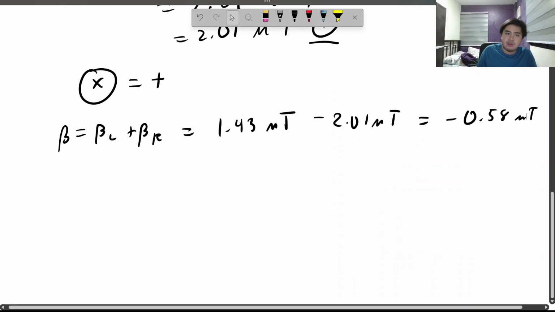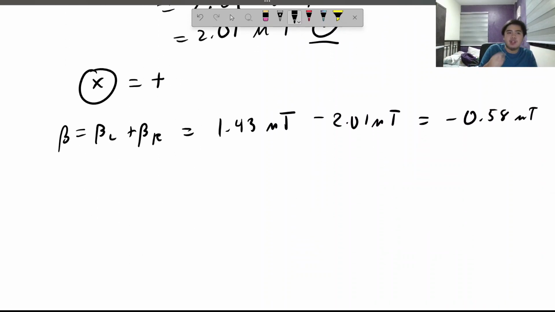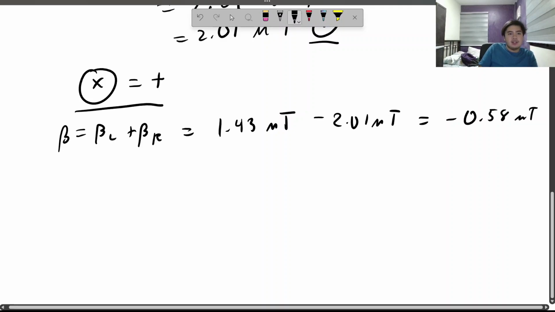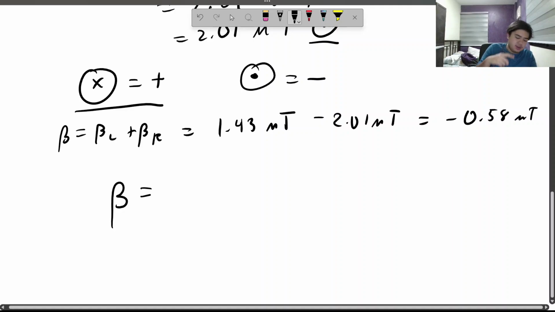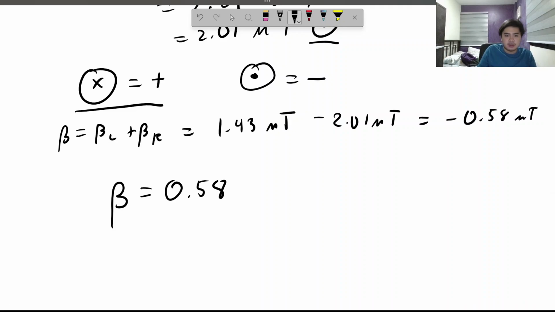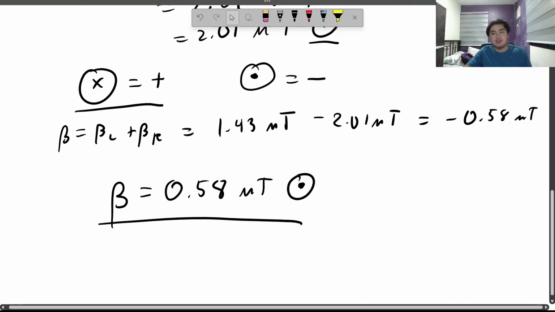Since into the page is positive, this means that out of the page is negative. So this means that the total magnetic field is 0.58 microtesla out of the page. And that is your answer. Thanks for watching. I hope you pass the exam tomorrow. Bye.